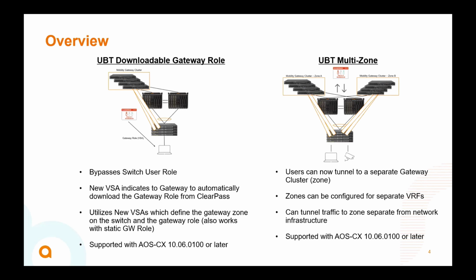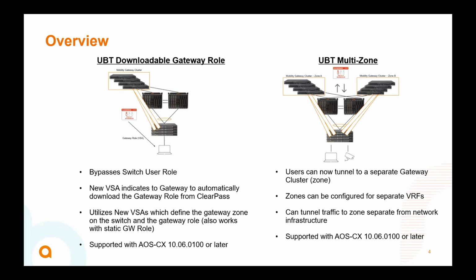One of the major differences between this and the AOS-Switch implementation is that it bypasses the switch user role. So no longer do we need to use the tunneling command in the gateway user role to kick off the tunnel. It's done by using new VSAs that have been introduced that automatically indicate the gateway zone and which role the gateway will download.